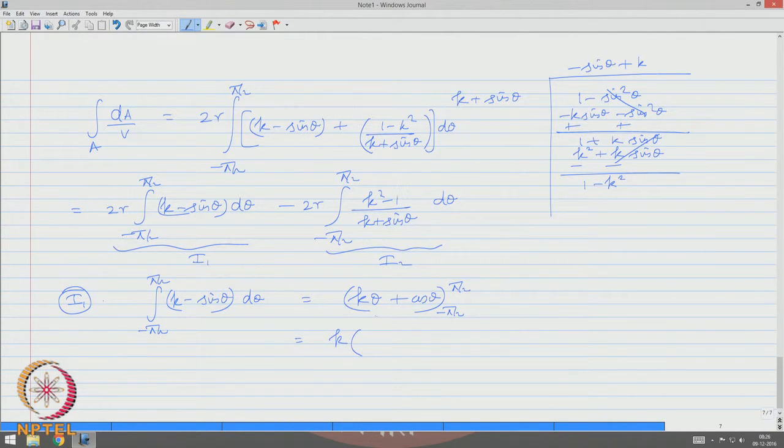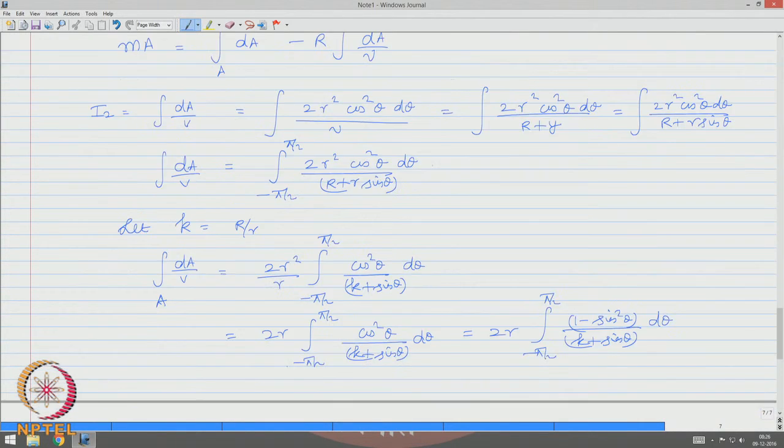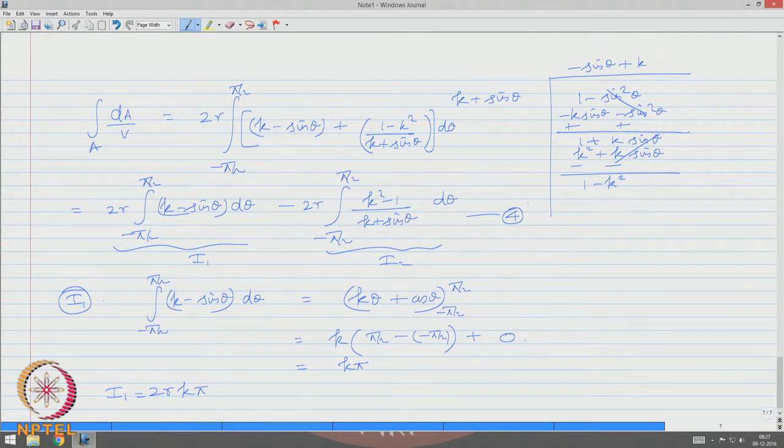So, k times pi by 2 minus minus pi by 2, plus 0, because cos pi by 2 has no value. So, this gives me k pi. Therefore, 2r k pi is the value of my first term. I will call this equation number 4. Let us say this is 5. Let us pick up I 2.